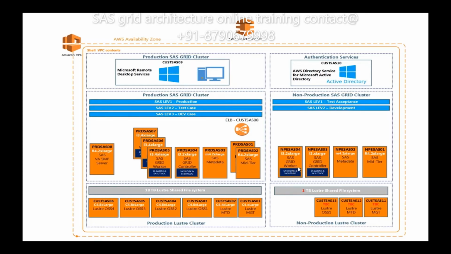We only have one controller, one worker node, and it's across 1 terabyte, and it's not matching the production environment. So when you want your code to be moved to production, again we need to do some testing. It's like a pre-prod kind of environment. Yes, like we call it pre-prod.